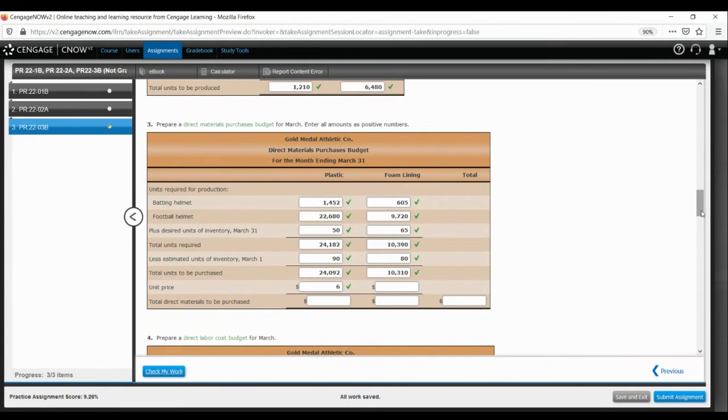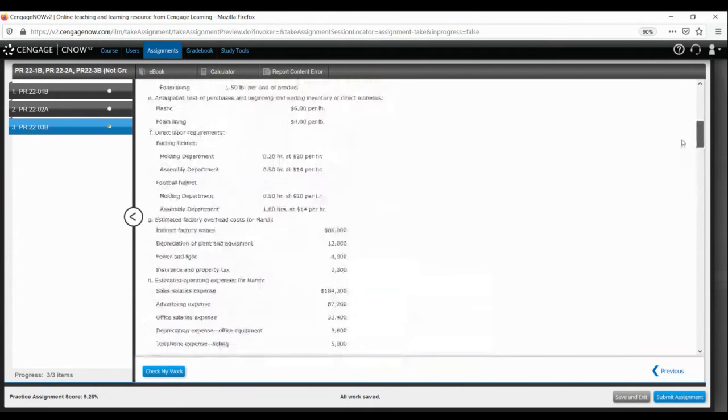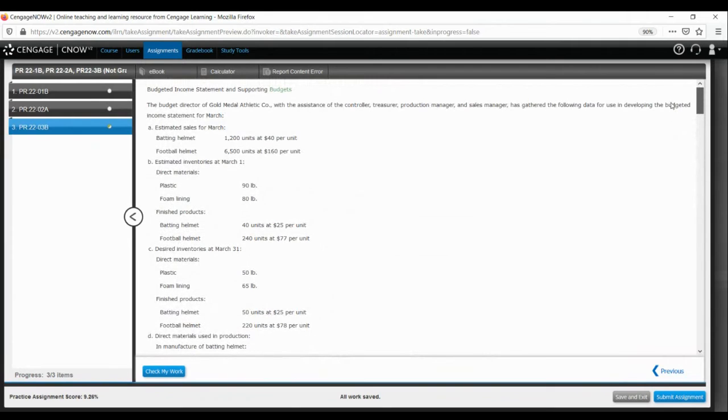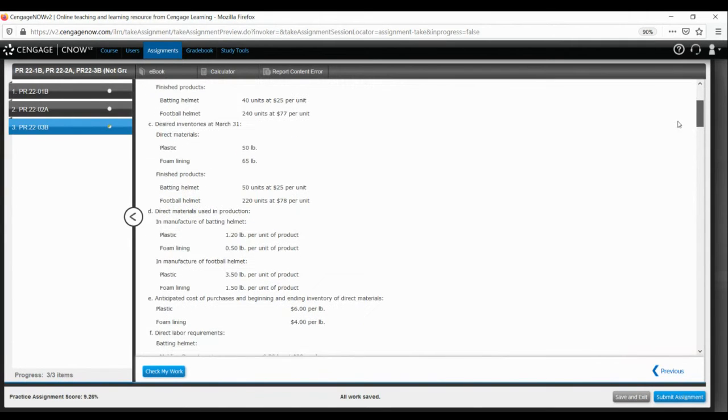And then we're going to look for the foam lining cost, which is right underneath the plastic cost in Part E, which is $4 per pound.